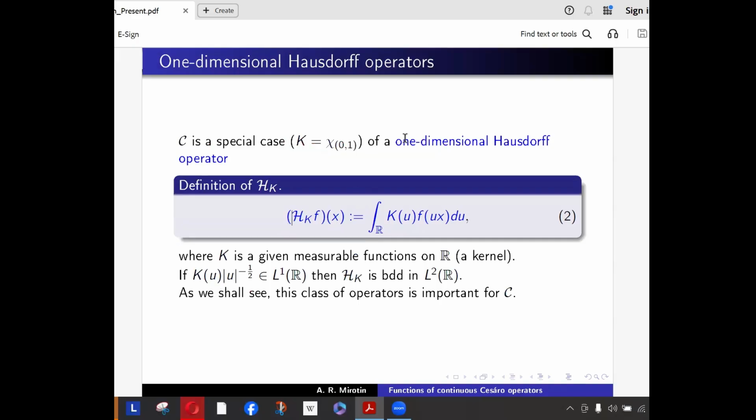The continuous Cesáro operator C is a special case of the so-called one-dimensional Hausdorff operator given by the formula (2).